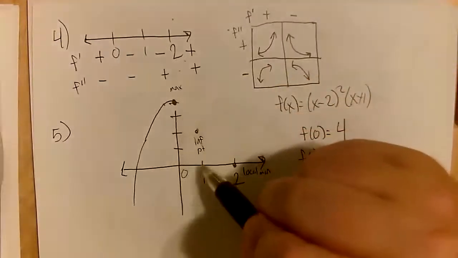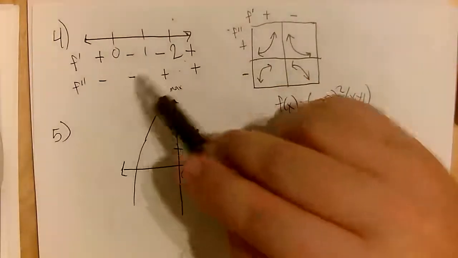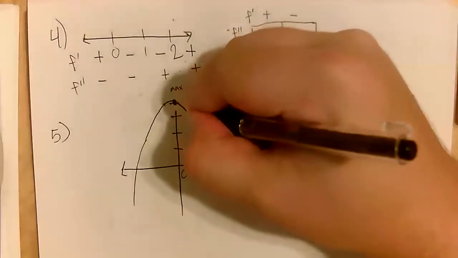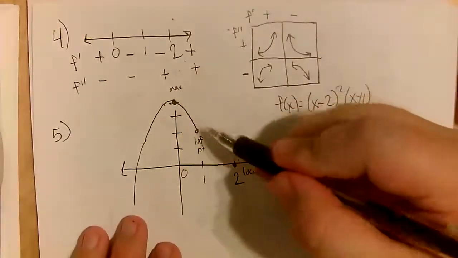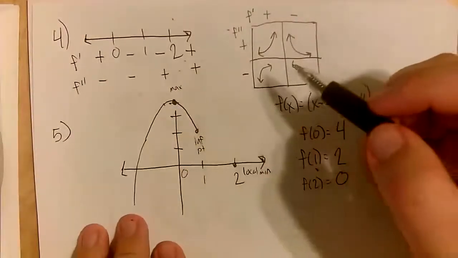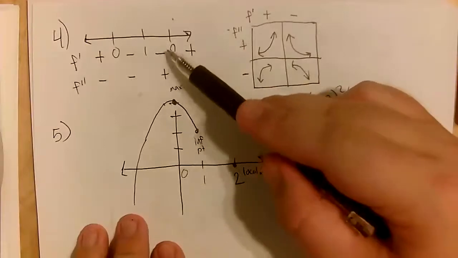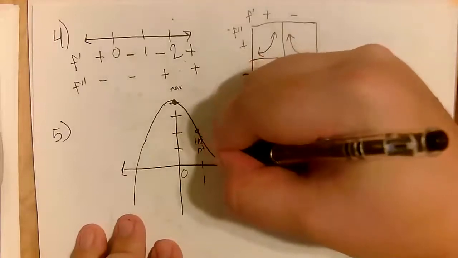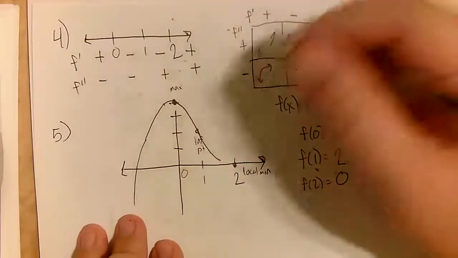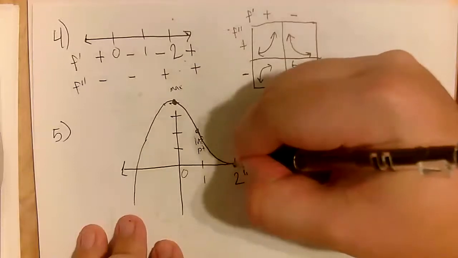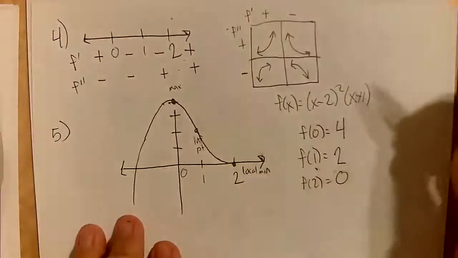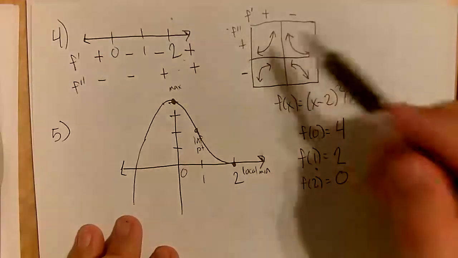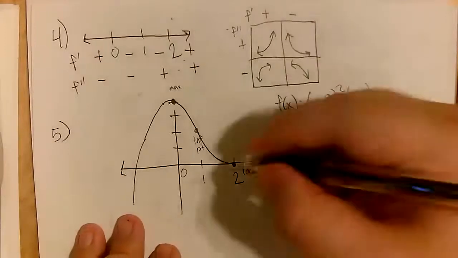Next, when we're in between 0 and 1, we're going to be negative for both, which means we're concave down and decreasing. We're going to be going down like this. Then, when we hit the inflection point between 1 and 2, we're going to be decreasing and concave up. That's going to have us do this shape here. We're going to be flat here because this is a local minimum. And then finally, after 2, we're going to have plus for both of these. So we're going to be increasing and concave up.